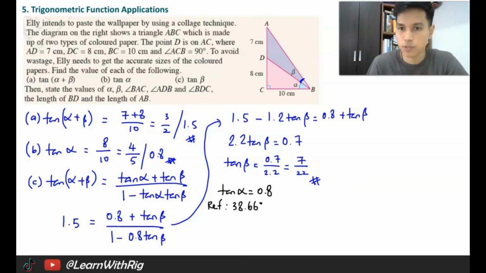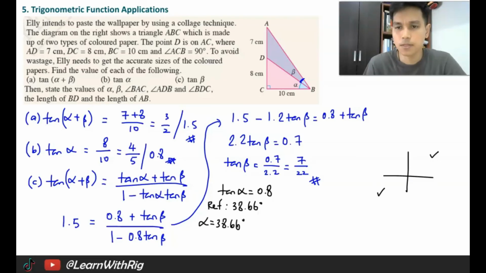Then you must check which quadrant it is in. It's a positive tangent, so it's first quadrant and third quadrant. You should know by now. First quadrant means alpha equals 38.66. Third quadrant would be 180 plus 38.66, so it's 218.66. Is this going to be your answer?